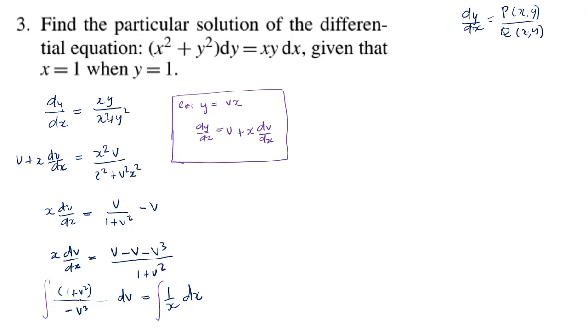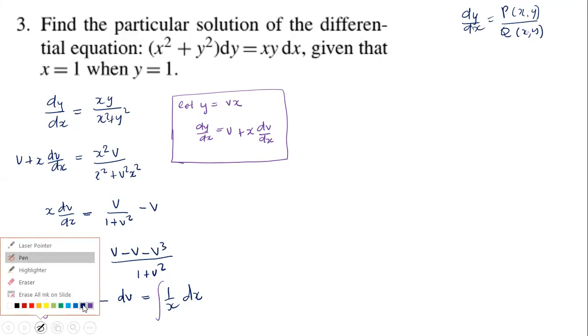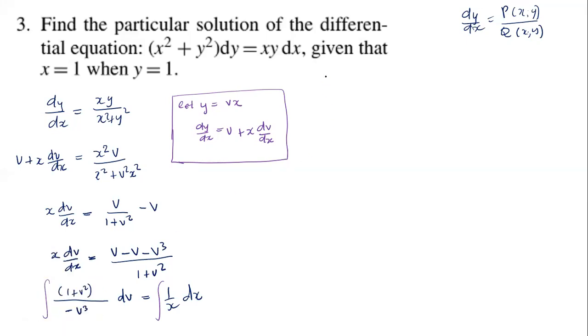You can see that we can actually separate these two fractions over there, right? So in this case, we have the integral of these two fractions separated. Let me take my negative outside.